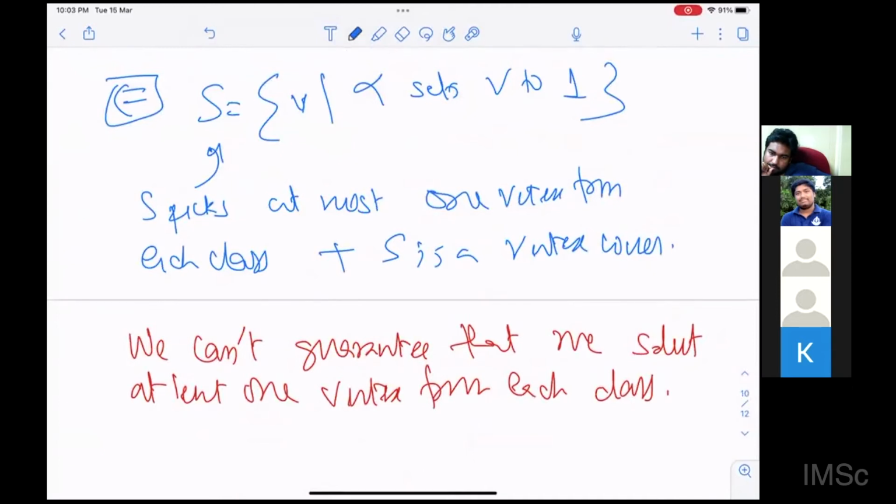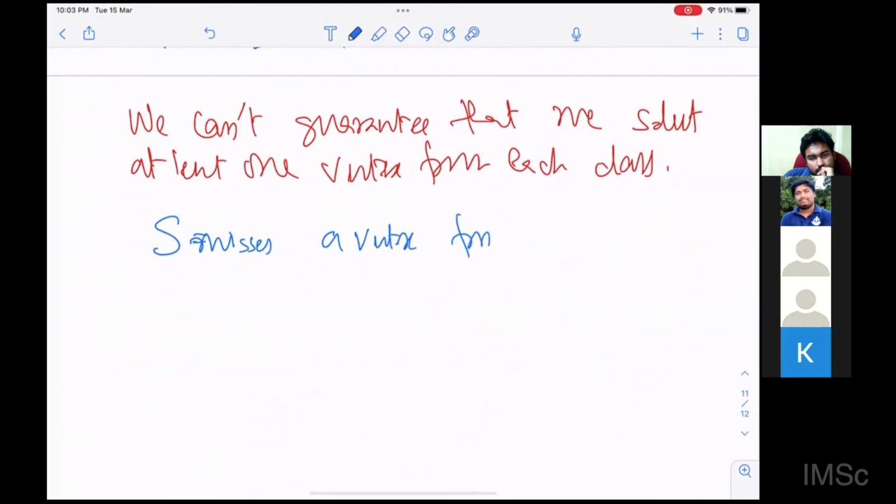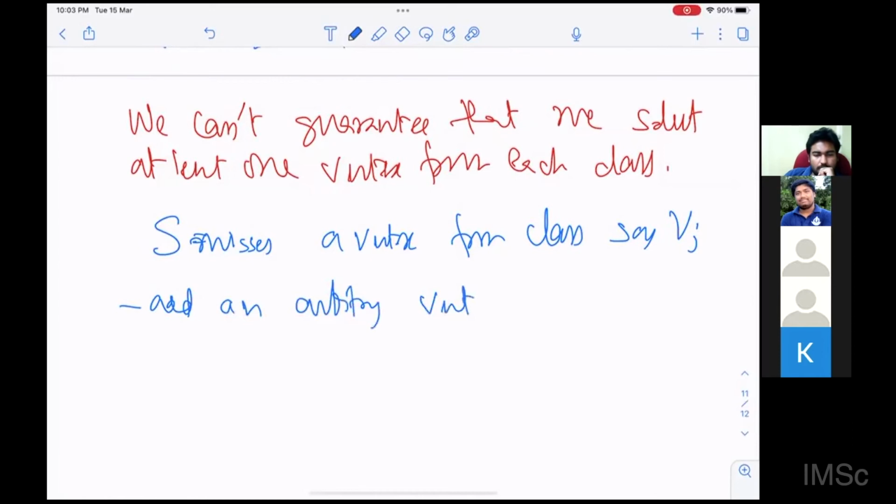Look at S. S picks at most one vertex from each class, right? So suppose S misses a vertex from class, say Vj. Add an arbitrary vertex from Vj to S. Is that fine?